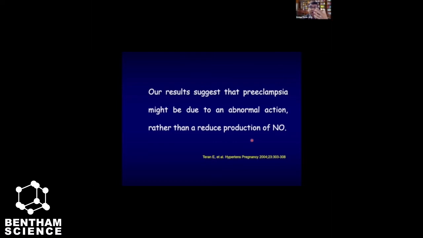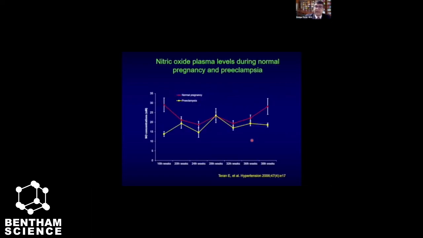So we tried to find an answer for our proposal and decided to measure, as we did with CRP, what happened with nitric oxide during normal pregnancy and in those women with preeclampsia.